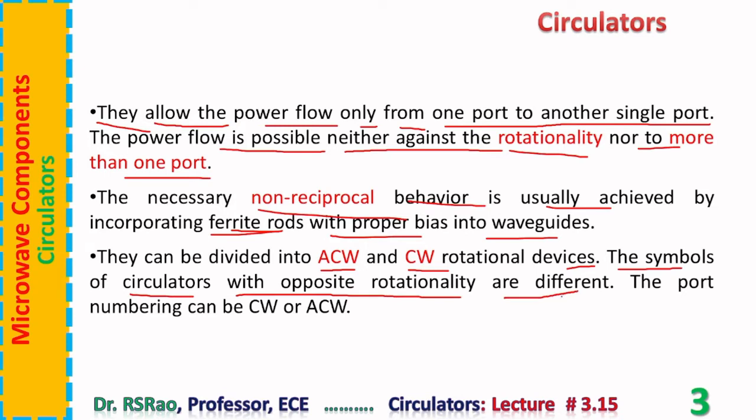The port numbering can be clockwise or anti-clockwise. The two aspects must be kept in mind: rotationality and port numbering. A device may have anti-clockwise or clockwise rotationality, and its ports may be numbered anti-clockwise or clockwise.